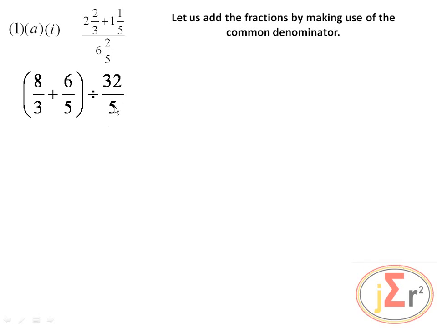Let us say we are dividing by 32 over 5, which is what this line means. This line means that everything that we have up here is being divided by this. So let us proceed to divide.